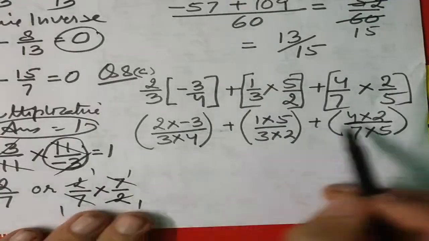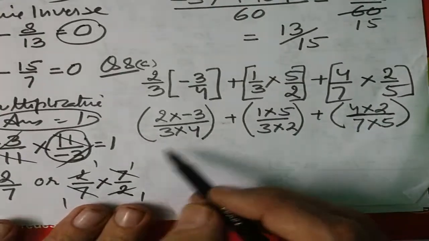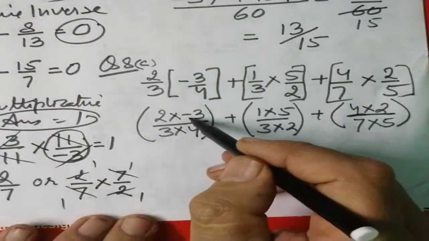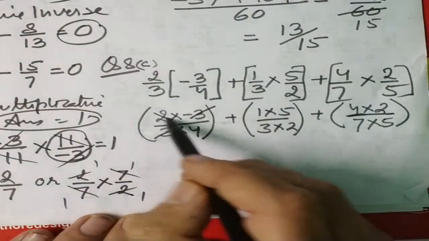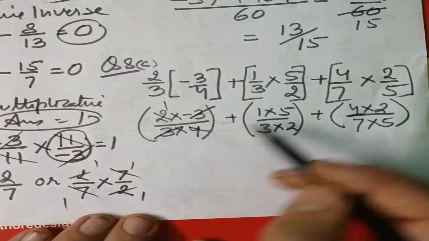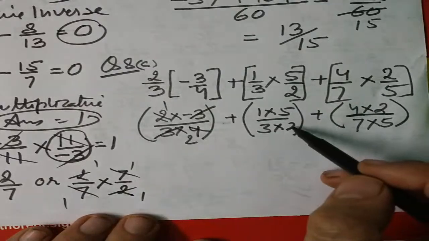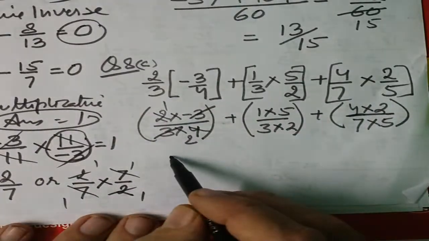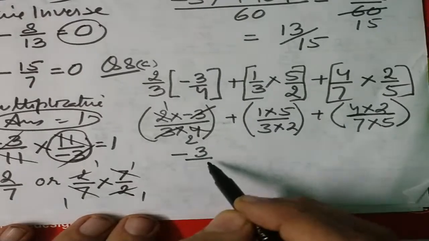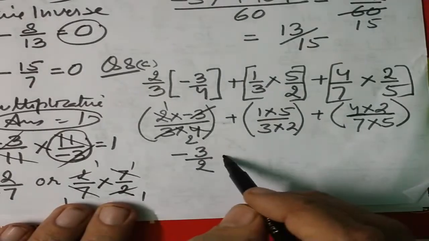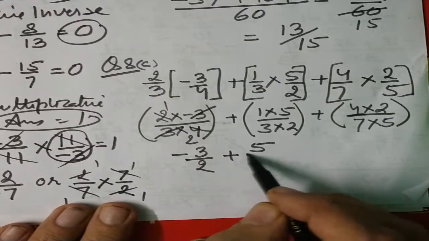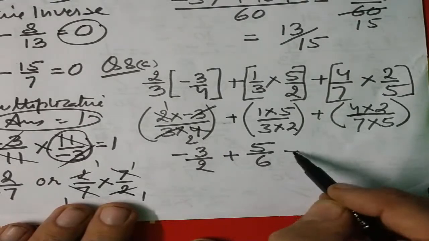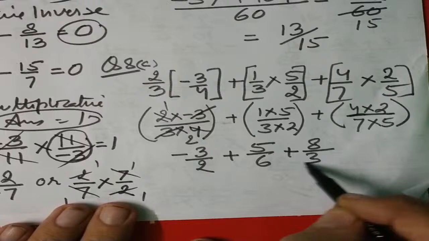Get the answer of each part and then cancel. 3 will divide 3, 2 will divide 2, and so on. Now what is the answer? Minus 3 upon 2 plus 5 upon 6 plus 8 upon 35.